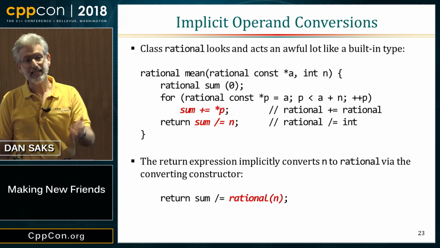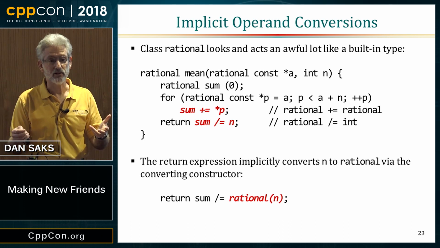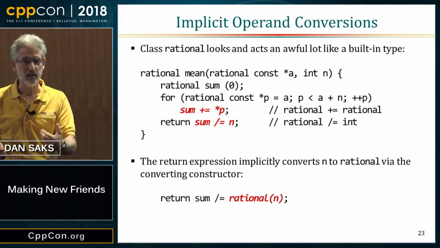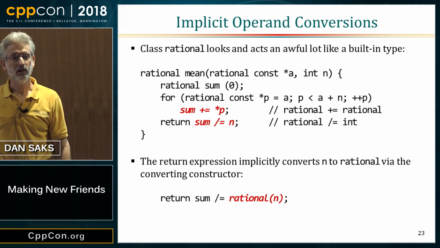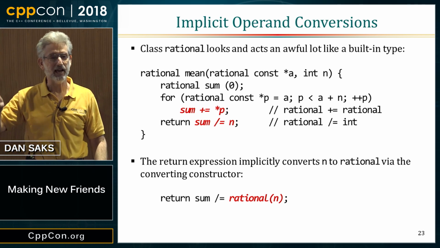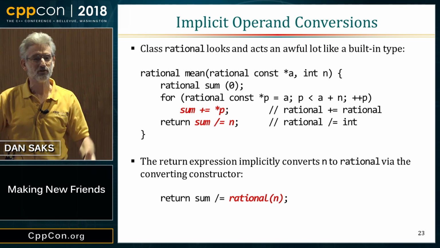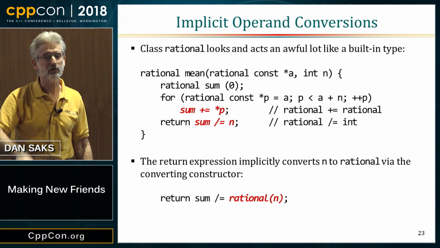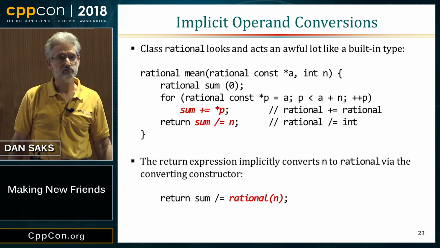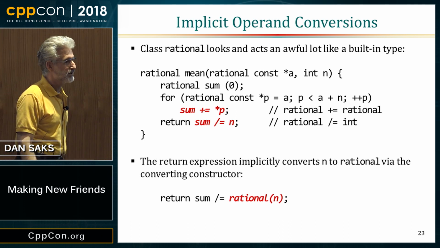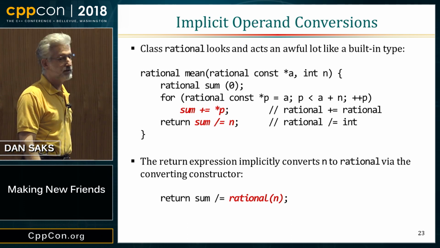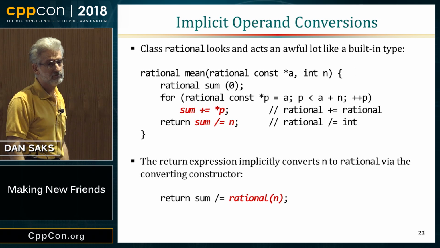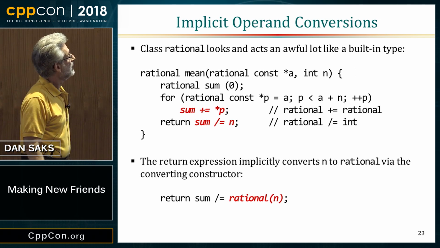In fact, it's not uncommon to find a container class where you can do something like, say, make me a container initialized with n, where n is the number of default constructed elements in the container. You don't want that to be an implicit conversion from n into a container type. Things like that. But in this particular case, it works really well.